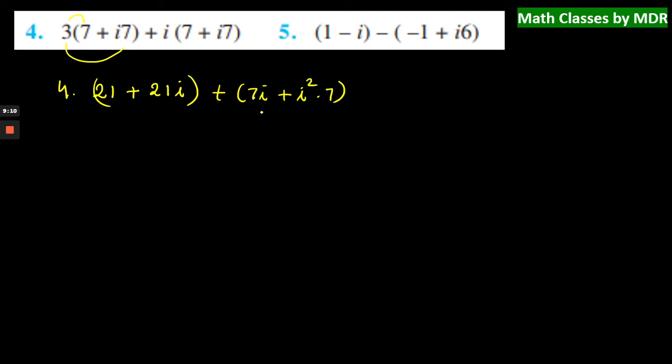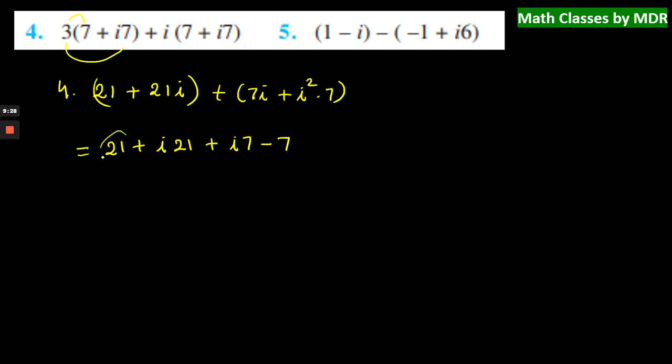But what is i square? i square is minus 1. So 21 plus 21i plus 7i, and this is minus 7 because i square equals minus 1. So minus 1 into plus 7 is minus 7.